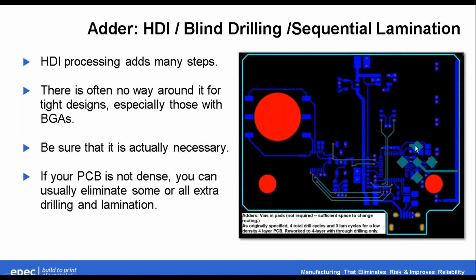Like this via here is not really in the pad. This one here is in the pad. It doesn't need to be in the pad. You can run a trace out here, drop a via, make sure that it's not hitting anything on the internal layers, and come out the back side. So that's what you want to look for. If you don't have density, you really probably don't need high density blind drilling and so forth.